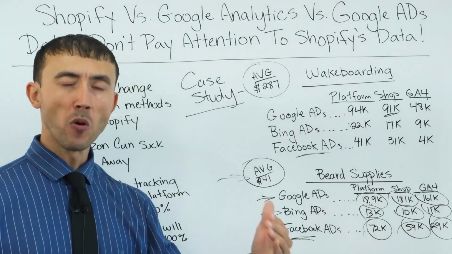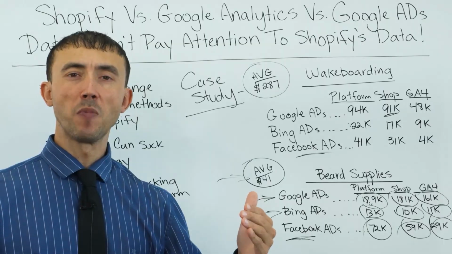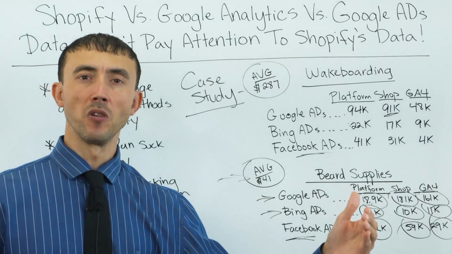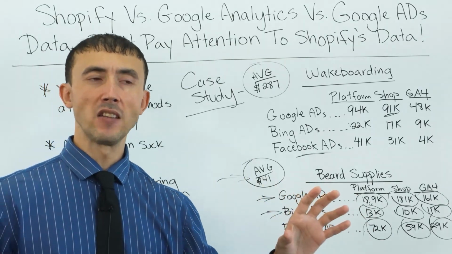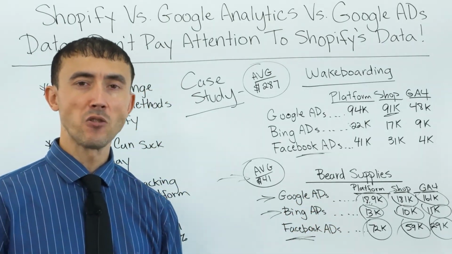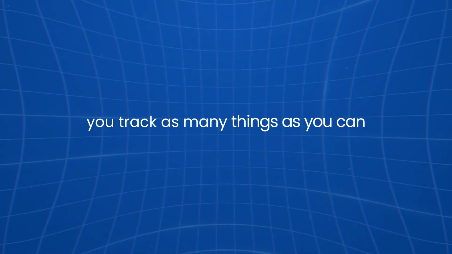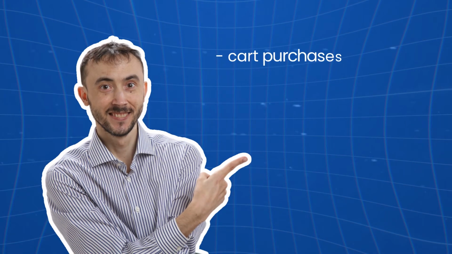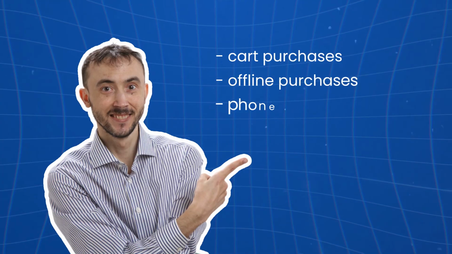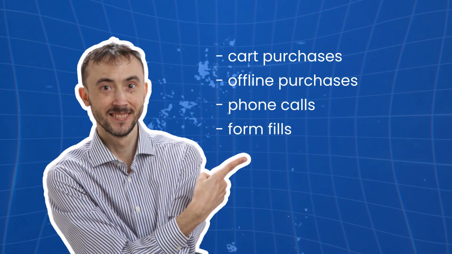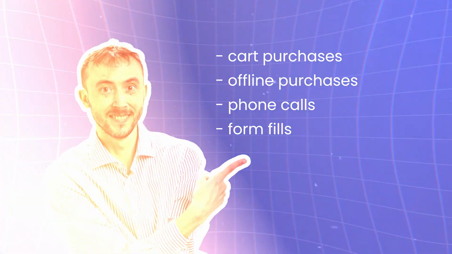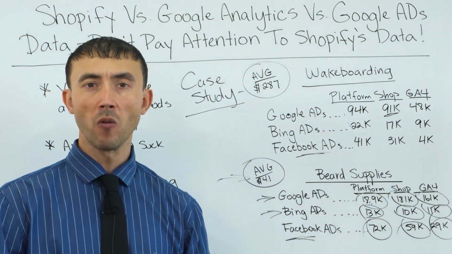Like I said, the most important thing is that you optimize your ads based upon as good data as possible. And the way that you do that is you set up your ads with the best tracking, server-side tracking being the best nowadays, and you track as many things as you can. So not just cart purchases, but offline purchases, phone calls, form fills, and similar things if you want the best results tracked. So the ad platform has the most data to work with.